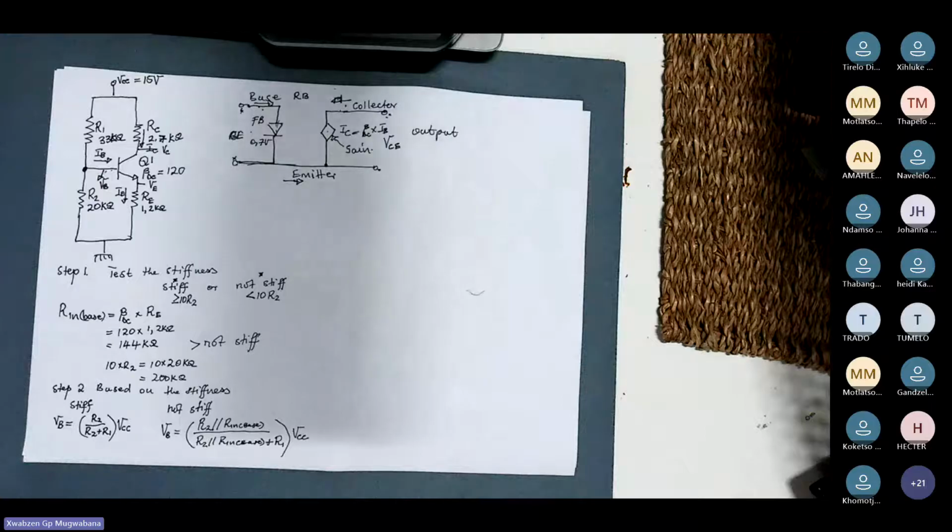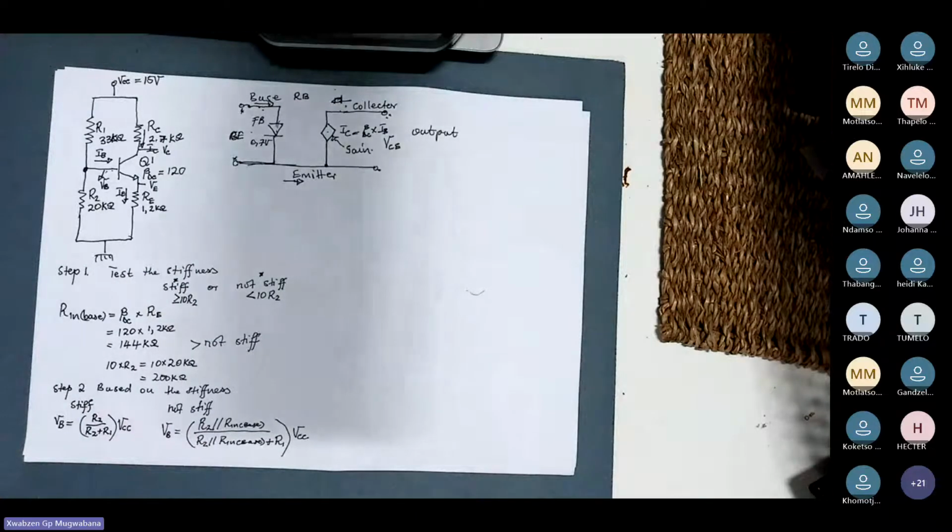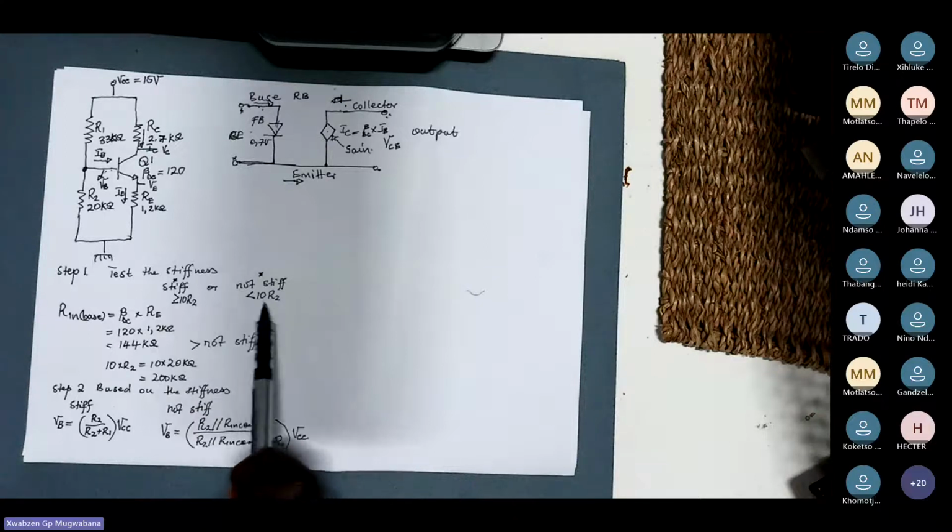But now, you don't just pick and choose. It doesn't work in that way. It needs to satisfy step one. Once step one is satisfied, when you move to step two, it gives you a lead direction on how you are doing your base voltage. Are you doing your base voltage on a stiff or a not stiff transistor? Because our R in base compared to our 10 times R2 indicated that our transistor is not stiff.